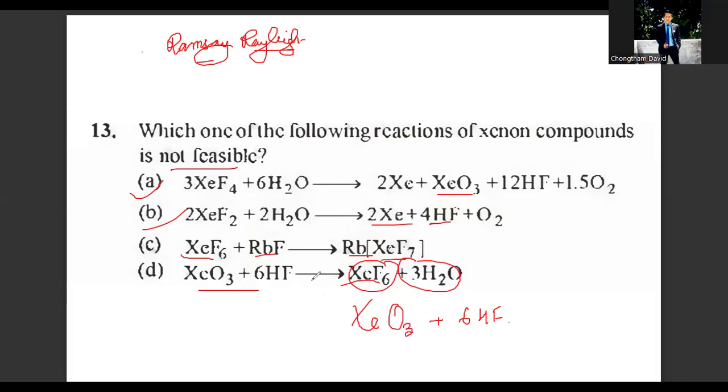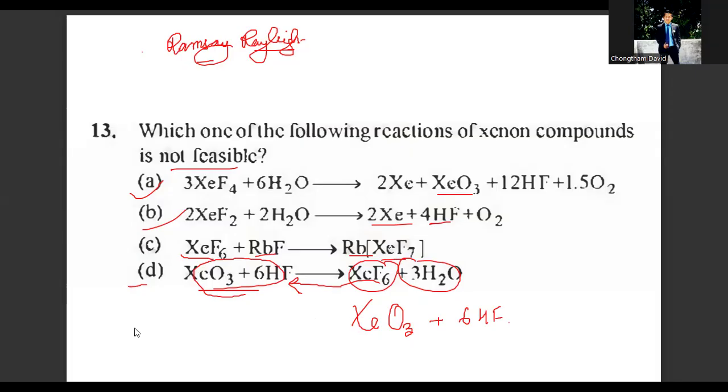So it comes back to the initial reactions. See, the products of the reaction react with each other, forming back the reactants. It can come back to the initial reacting stage. So this is not the feasible reaction. So D would be the answer for this question. It is not feasible.